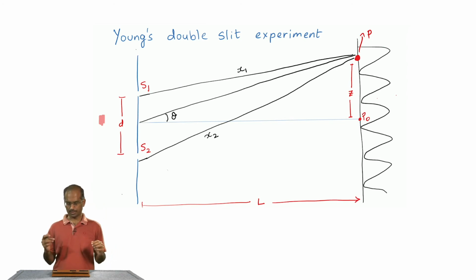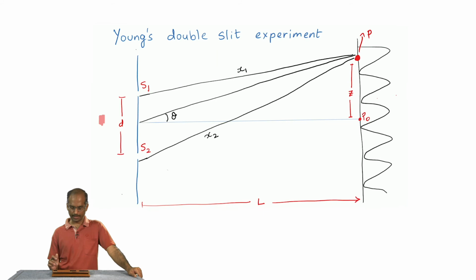So, P0 is the point which is precisely perpendicular to the midpoint between S1 and S2, and with respect to that line, the ray that is emanating from there, a notional ray, of course, there would not be any ray from there, but if I draw a line from there to point P, it will make an angle theta.